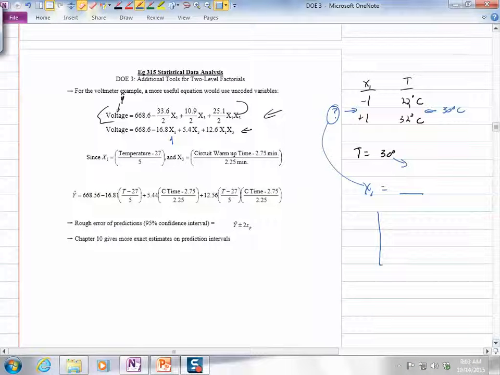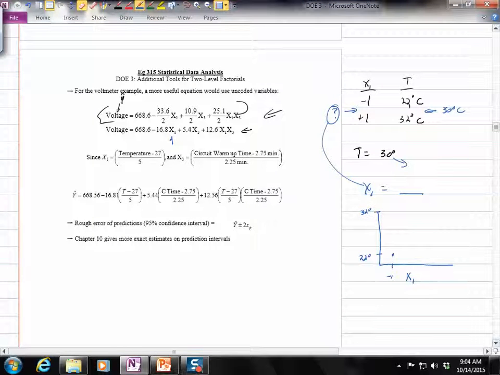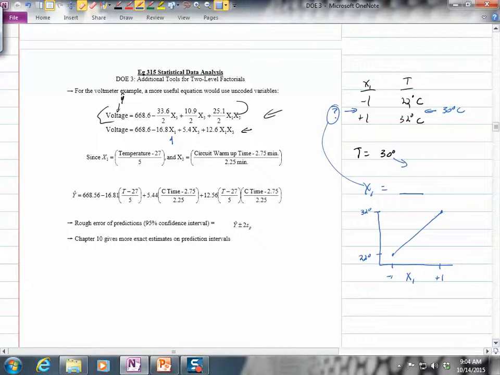So if we're linearly interpolating, here's 22 degrees, and that corresponds to -1. Here's 32 degrees. That corresponds to +1. We could get the equation of that line, right? And we could use the equation of that line to come in here and say, okay, if we have 30 degrees, x1 equals something.